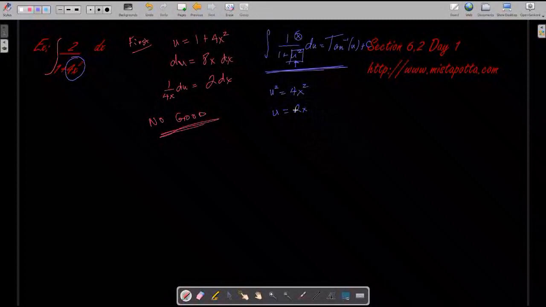I'm not going to look at the negative, but I'll show in just a few moments how it doesn't matter which one I use. So if u is equal to 2x, then the differential du is equal to 2 times the differential of x. And this happens to be exactly what I've got up here.